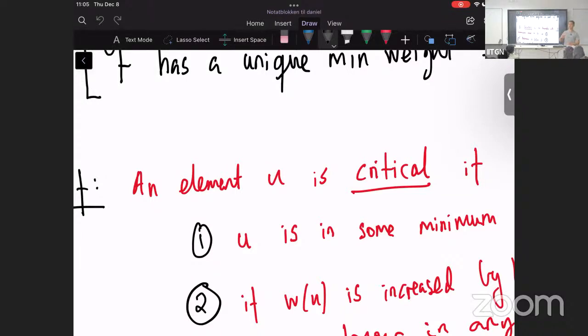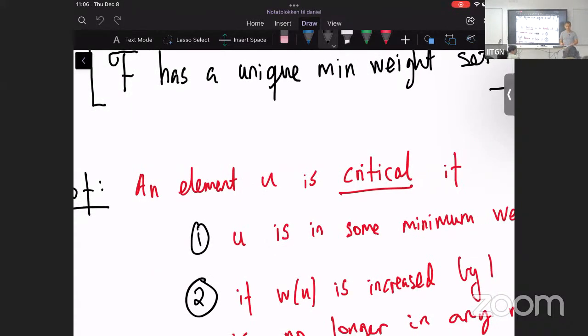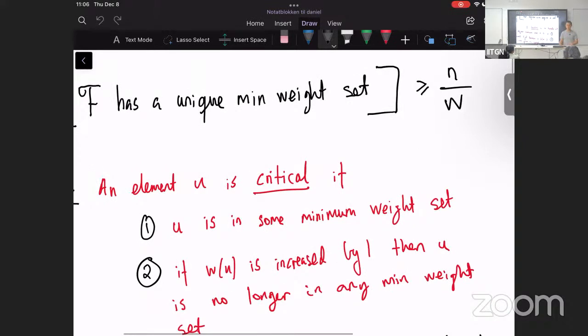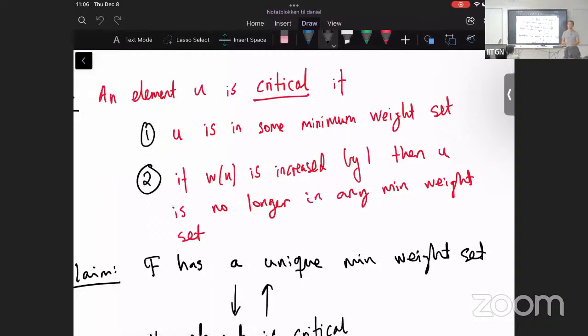So suppose I give you a family over a universe and a weight function for the universe, then I'll say that an element is critical if it appears in at least one set of minimum weight. However, if I took its weight and I increased it by 1, then the element would no longer be in any minimum weight set.